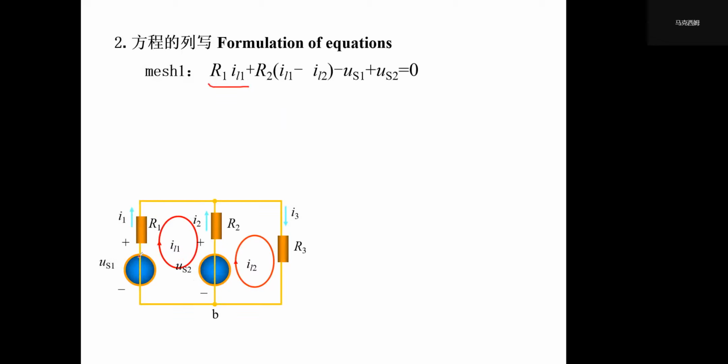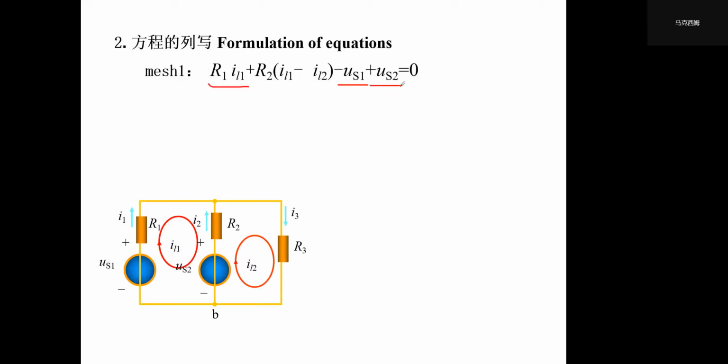For US1, it is in an unassociated reference direction, so we give it a negative sign. And for US2, the second voltage source, we see that the reference direction of the loop current is associated with this voltage, so we give it a positive sign.